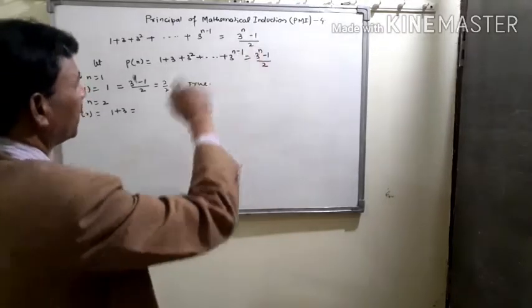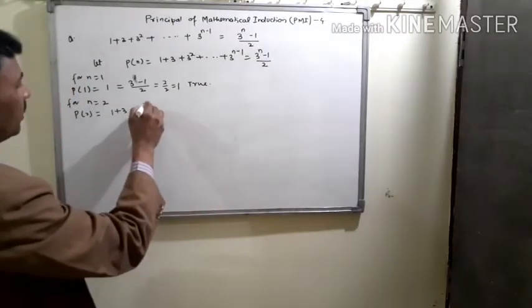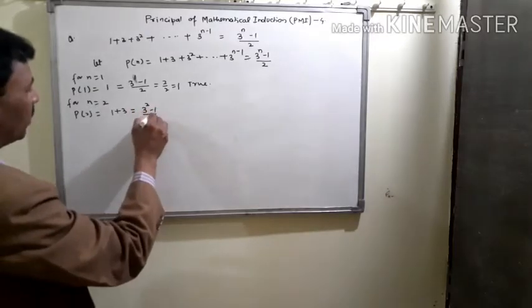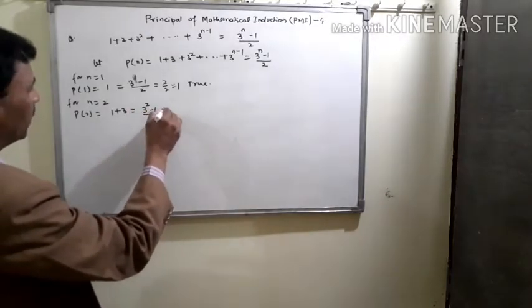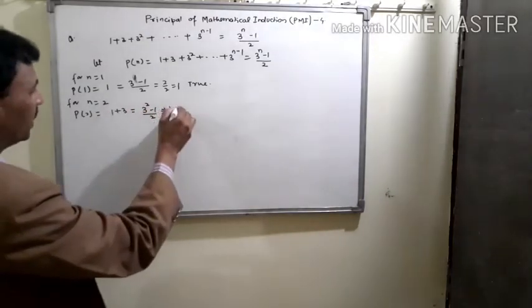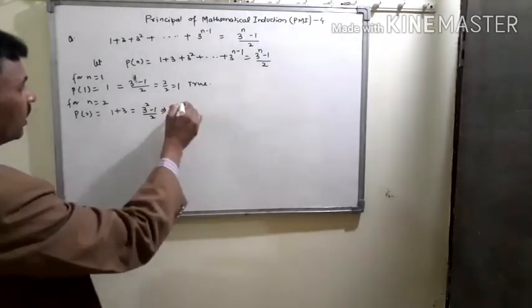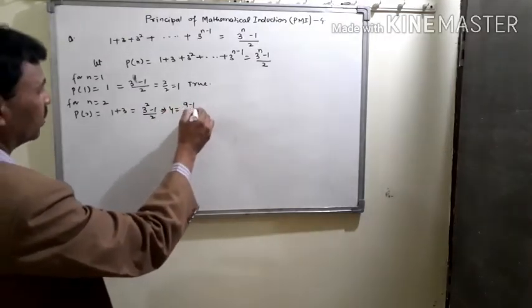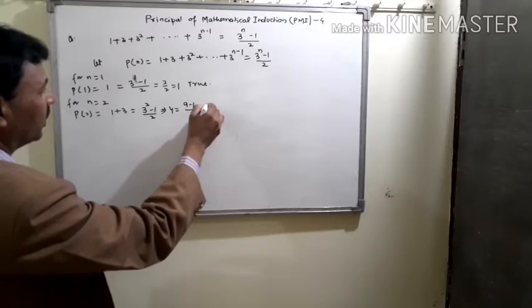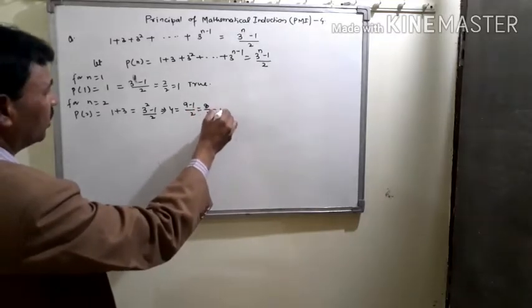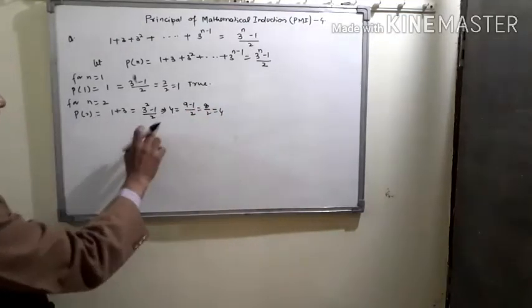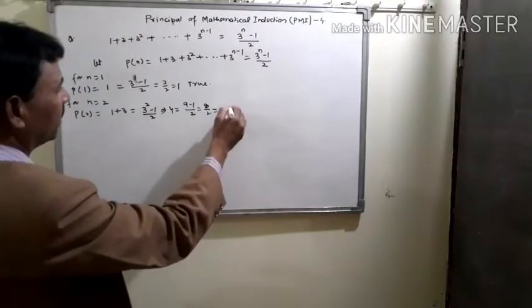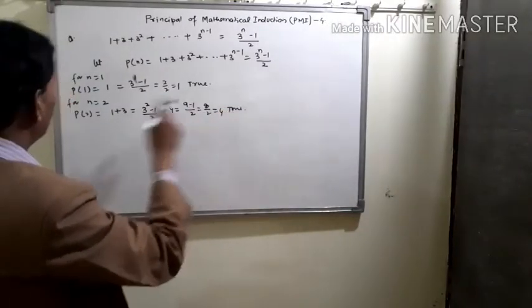This will be 4 = (9 - 1)/2 = 8/2 = 4. Now you can see 4 = 4, so this is also true for n = 2.